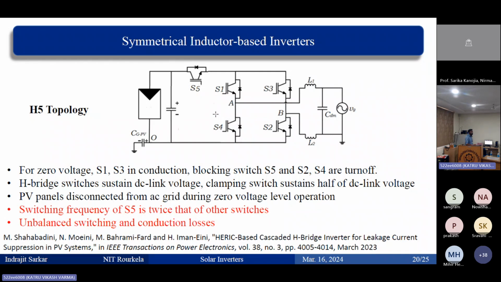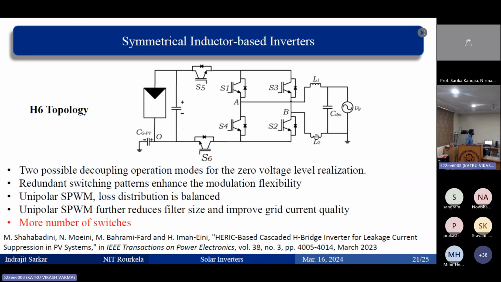Now next is H6. Very obvious: when we put a switch here, why not put another switch here, to increase the degree of freedom. So now this is the H6 topology. In H6 we have four switches and then 5 and 6. So six switches are there, and the inverter is the same, everything is the same. Only thing is, there is a degree of freedom by adding this switch here.